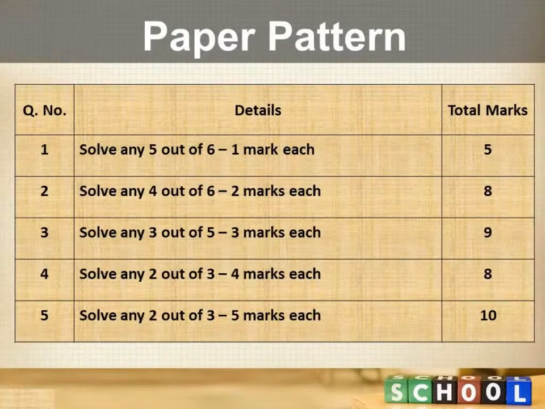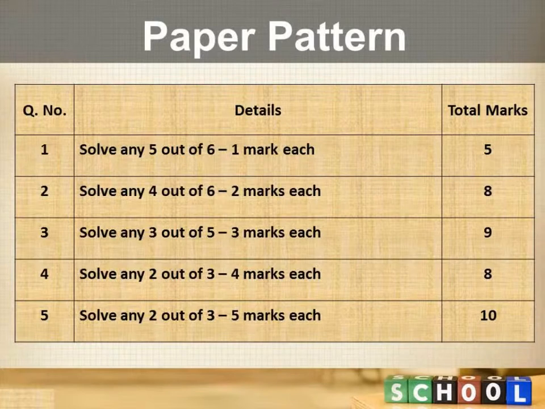With option, if you solve all of them, then it is 6 marks. Question 2 are 2 marks questions where you have to solve any 4 out of 6. Without options, it is for 8 marks, but with options, it is for 12 marks.